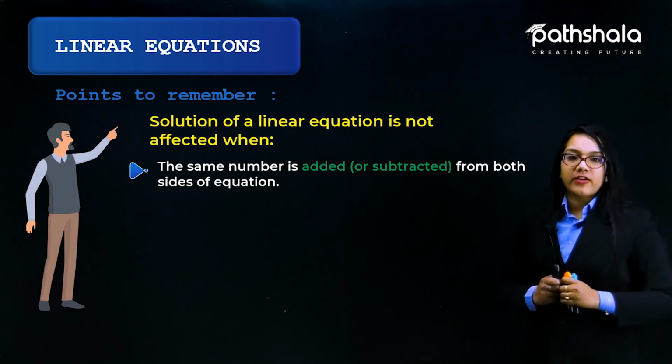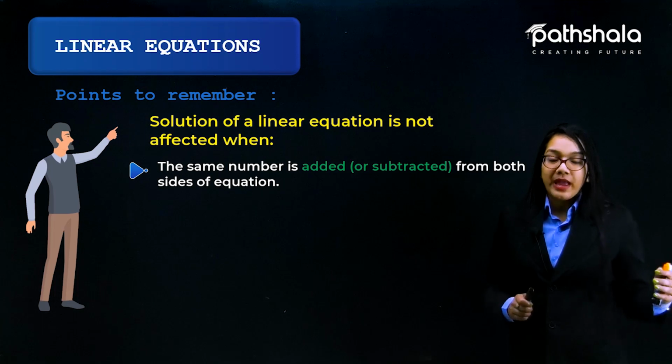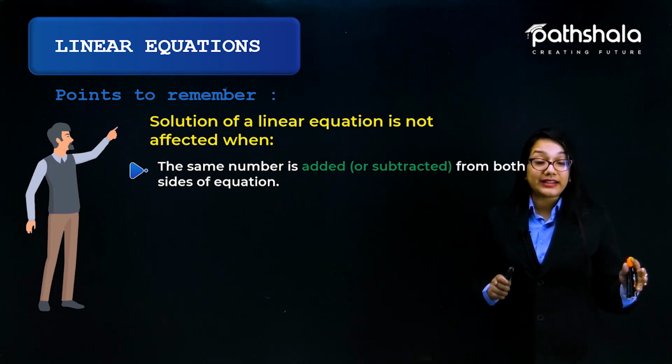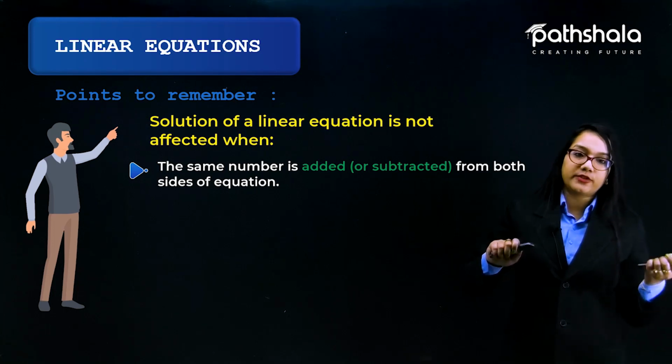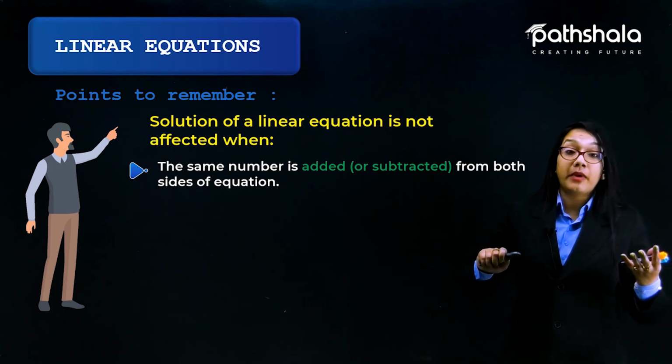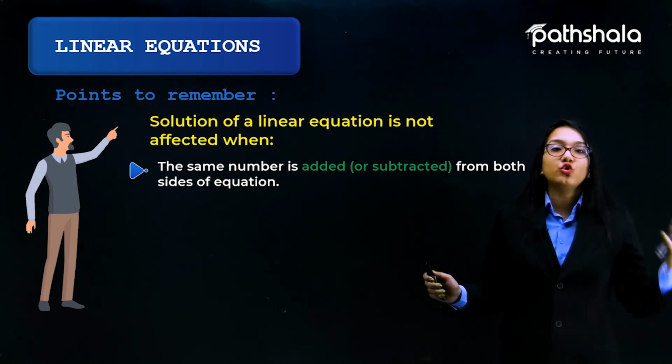Let us suppose we have an equation x is equal to 2. If I add 2 on both the sides, it will be x plus 2 which is equal to 2 plus 2.